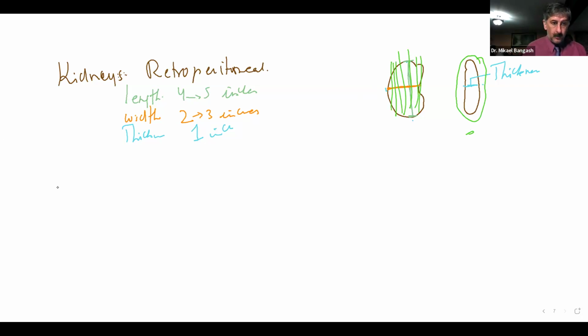Now, guys, if, for instance, we open up a kidney, we can mainly say that the kidney as an organ is arranged in 2 layers.